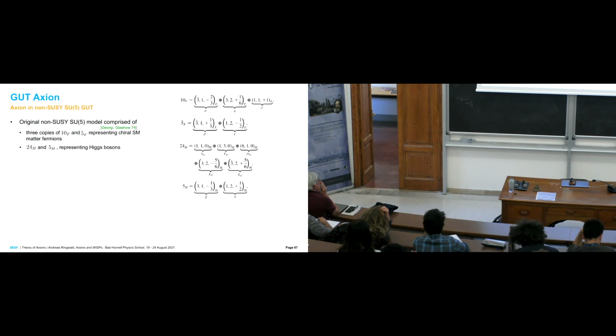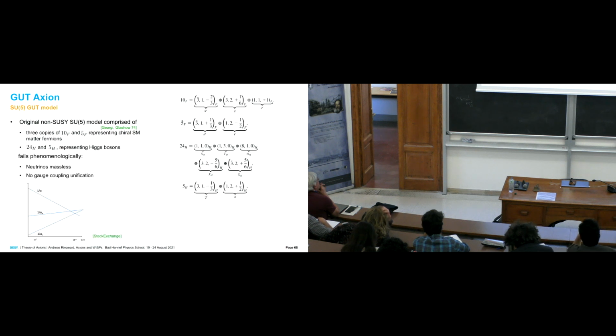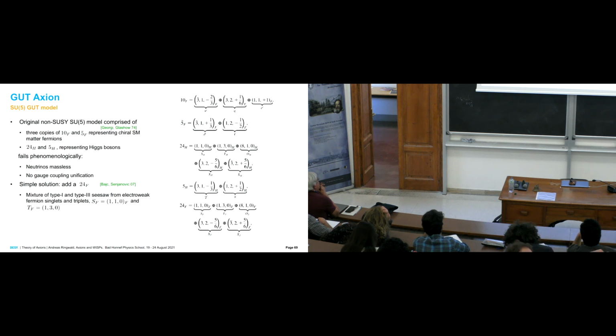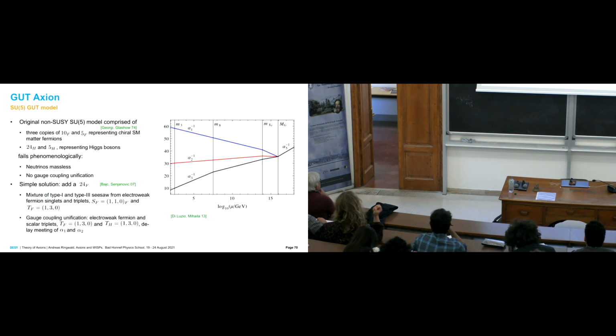A prediction which is more sharp is in an SU(5) GUT model, which was originally proposed by Bajc and Senjanovic, which extended the minimal content of the SU(5) GUT by a 24_F in order to get a mixture of type 1 and type 3 seesaw from electroweak singlets and triplets.